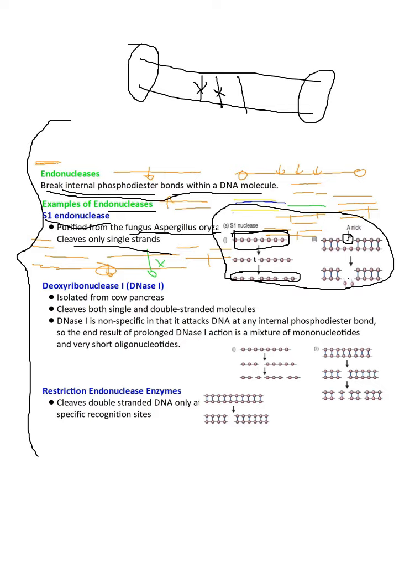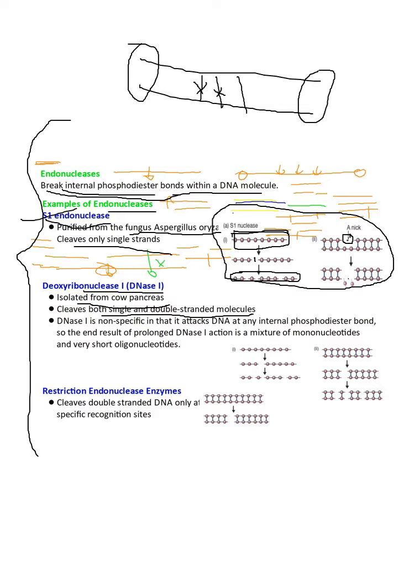Talking about another endonuclease, which is deoxyribonuclease 1, which is DNase 1. It is isolated from cow pancreas, and it cleaves both single and double-stranded molecules, whereas S1 was only for single-stranded.